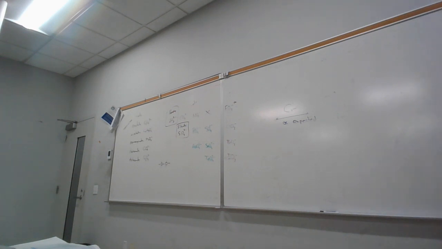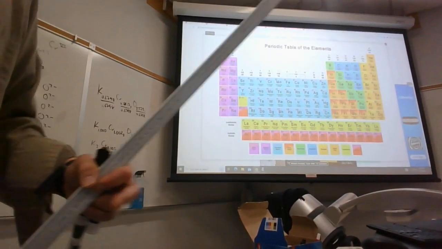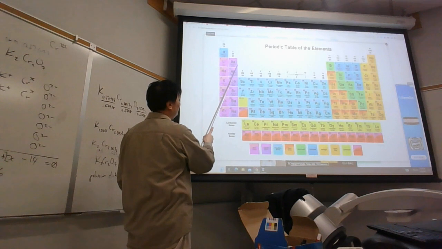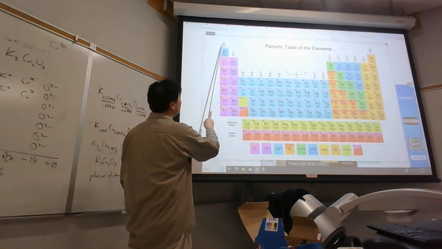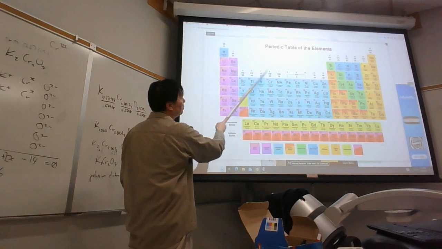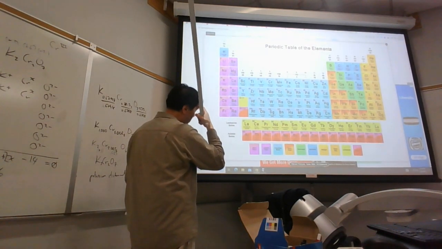Actually more than 3. I like the Roman numeral. My preference is this Roman numeral system versus this. This is the new one, and everybody's using this one, 1 through 18. And our book's using that too.